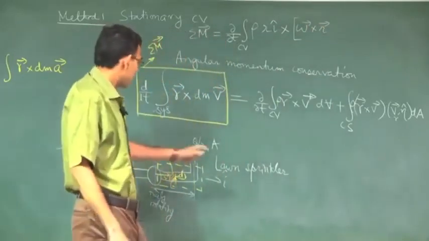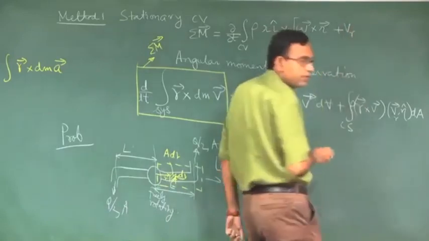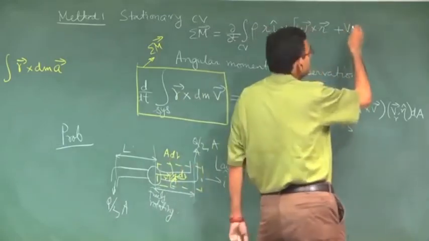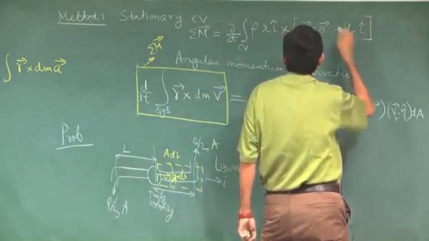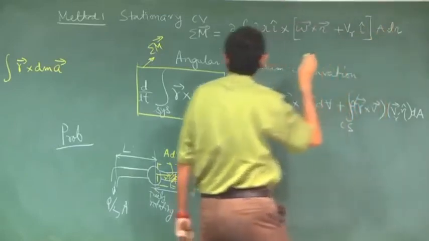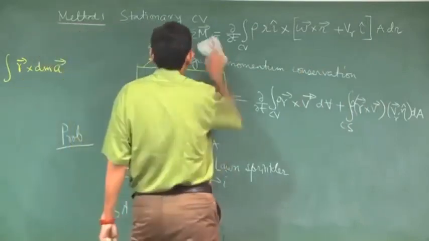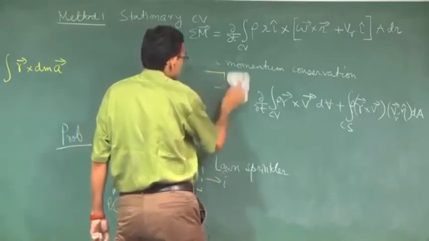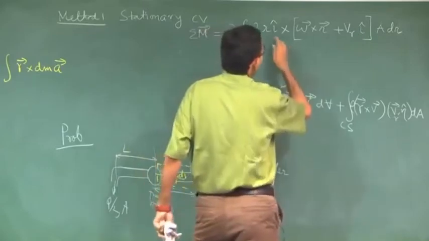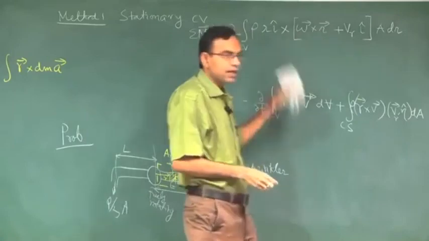Right, plus the velocity of the particle relative to the sprinkler, which let us call Vr. This is due to fluid flow. And then the last term. So we have written this term, I will write this term in a moment and complete the integration.